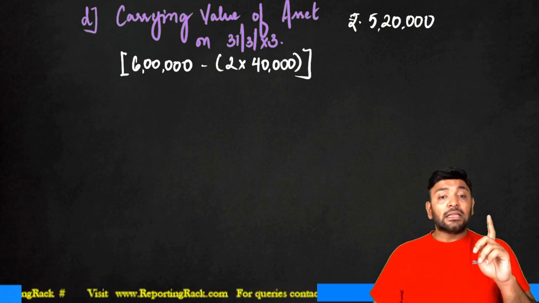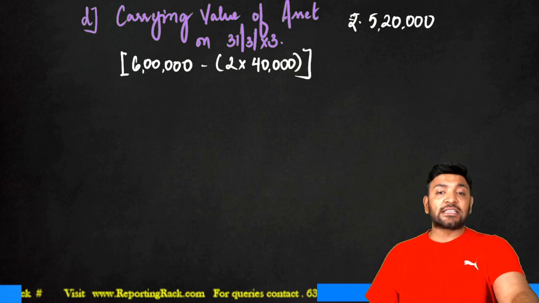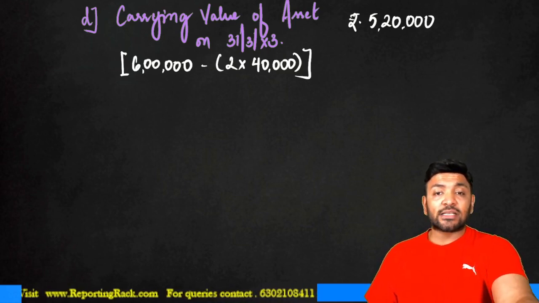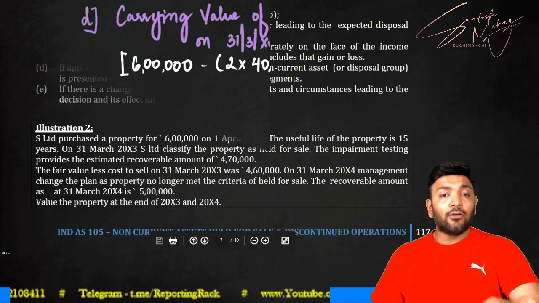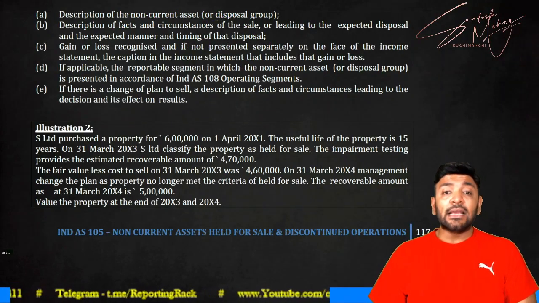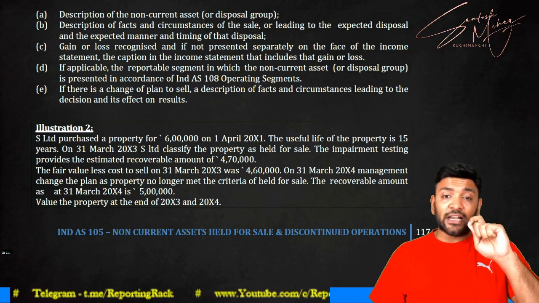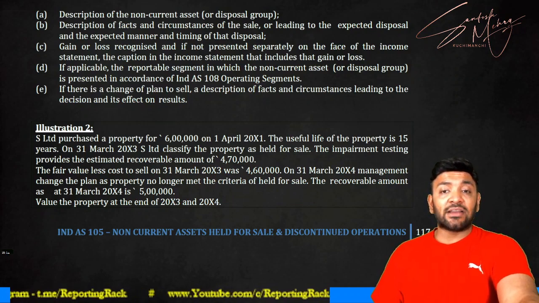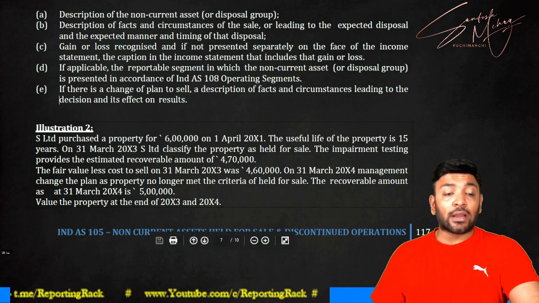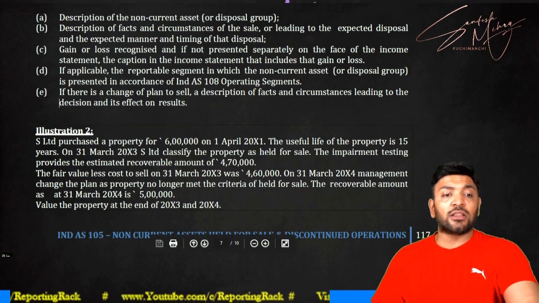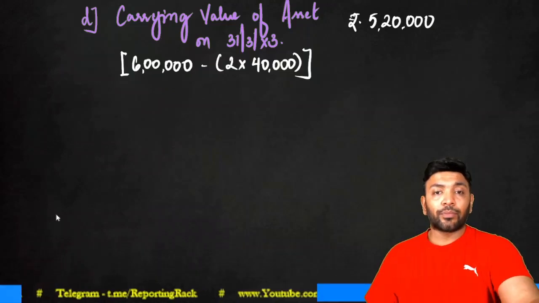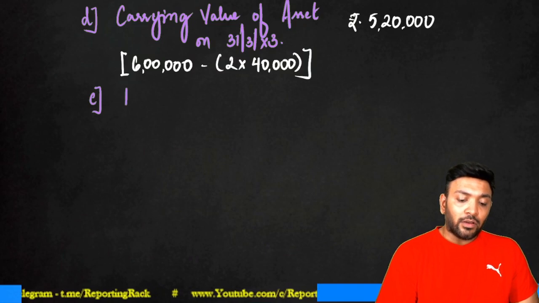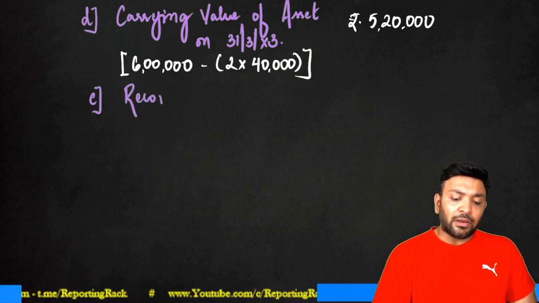But however, there is an impairment loss also existing out there. Why? Because very clearly, I'll go back to the question, guys. Very clearly on that date, he said the recoverable amount as per IND AS 36 is 4,70,000. So since it is 4,70,000, I'll have to basically even look at what is the impairment loss on that date. Recoverable amount.